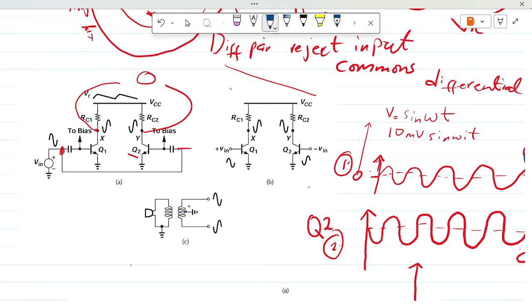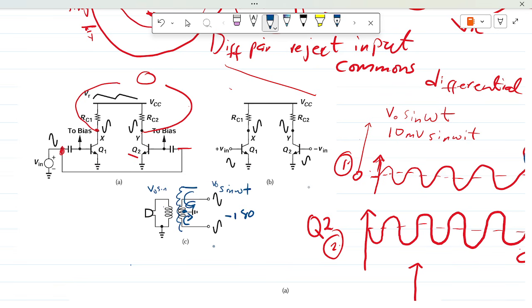So if this winding is double that here, then one signal from the top to the center tap, the ground, would give me exactly what is coming out from here. And from the other side to the center tap would give me the required 180 degrees phase shift.